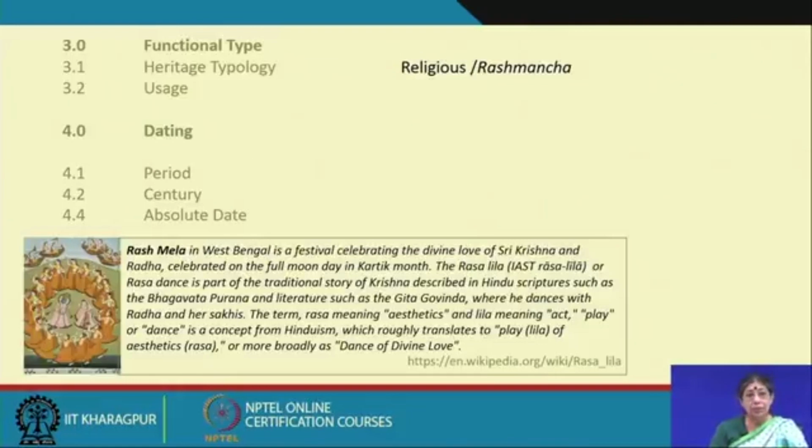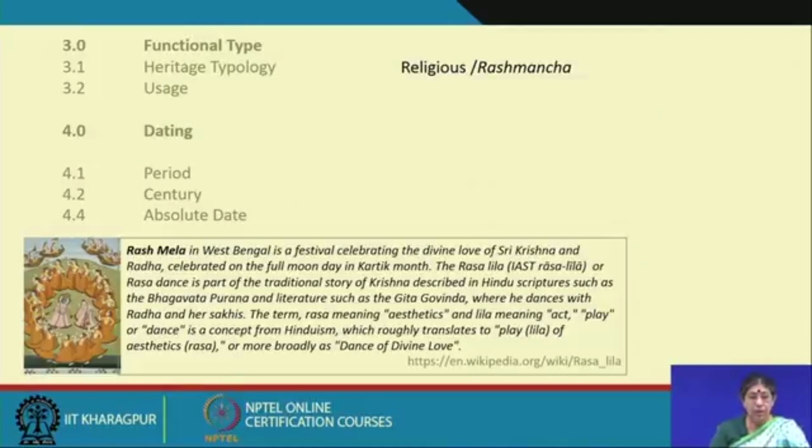In this case I have just given Wikipedia as an example, which says the Rash Mela in West Bengal is a festival celebrating the divine love of Sri Krishna and Radha, celebrated on the full moon day in Kartik month. The Rash Leela or Rasha dance is a part of the traditional story of Krishna described in the Hindu scriptures such as the Bhagavata Purana and literature, etc., where he dances with Radha and her Sakhis. The term Rasha means aesthetics, and Leela, meaning act or play or dance, is a concept.